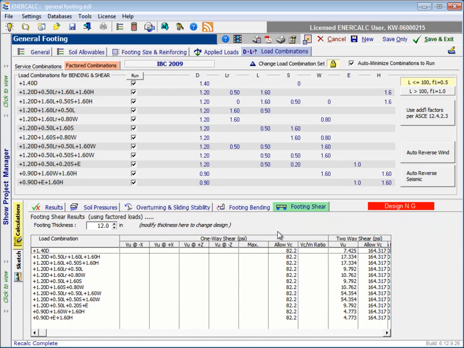The footing shear tab is a little interesting right now because it doesn't appear to be reporting any results for one-way shear.